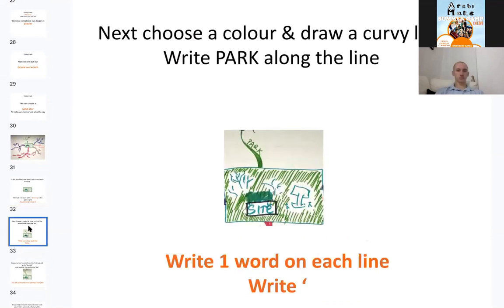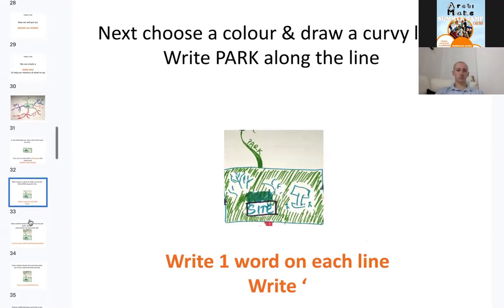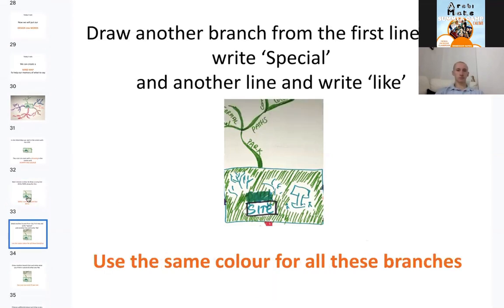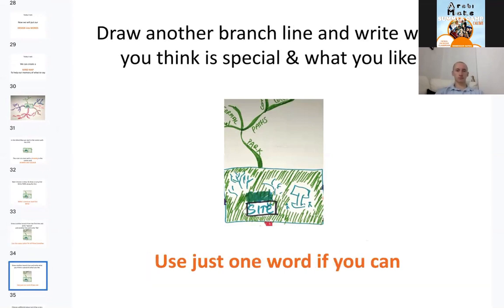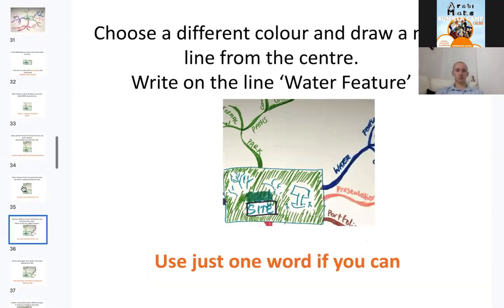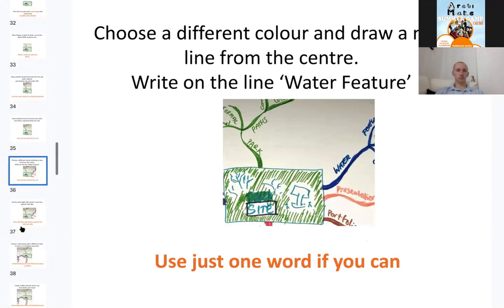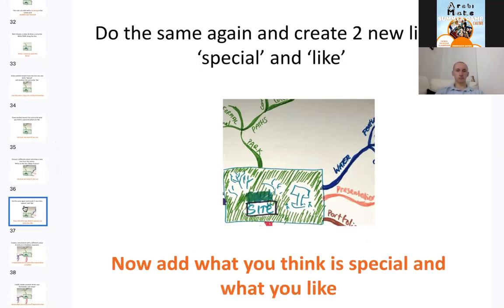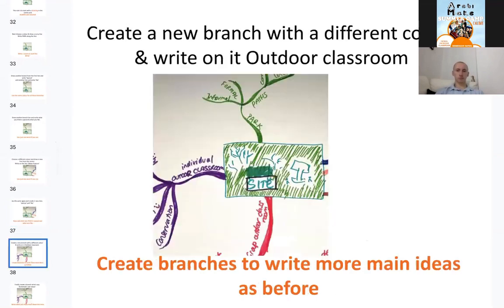And then you choose colors and can draw a line up and write park. And then you can create branches off from here. What you like. And then you make a new one for water feature. Then do the same.